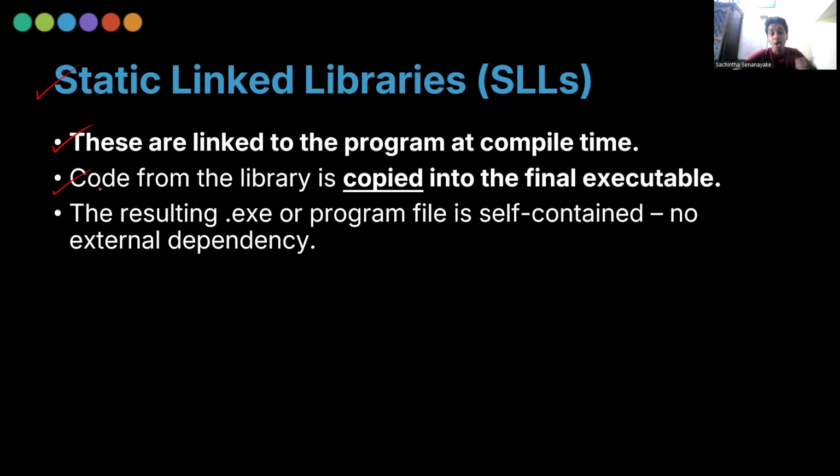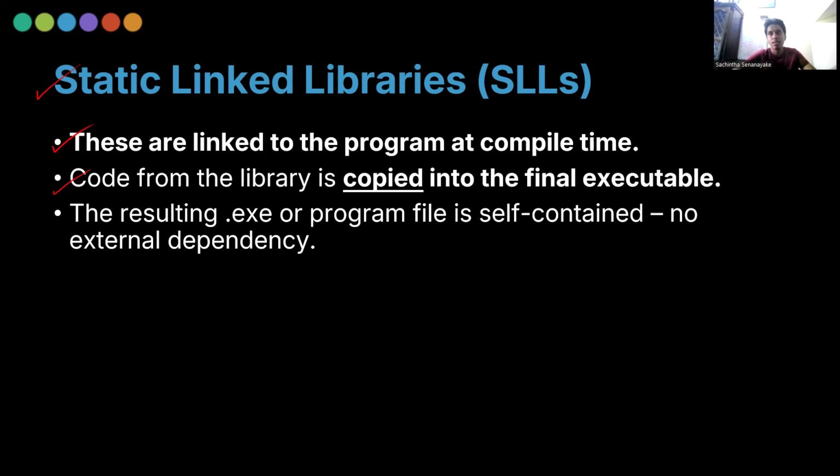The code from the library is copied from the library into the final executable. So you are not really creating a reference to the code for the library. You're actually literally copy pasting the code from the library into the final executable. Now, keep in mind, you aren't the one literally copy pasting it.